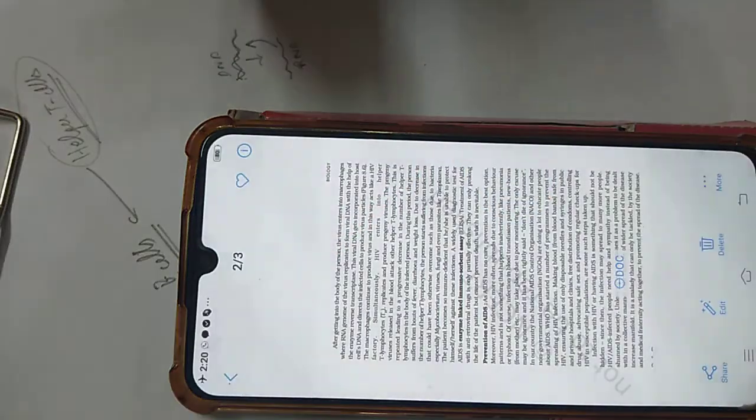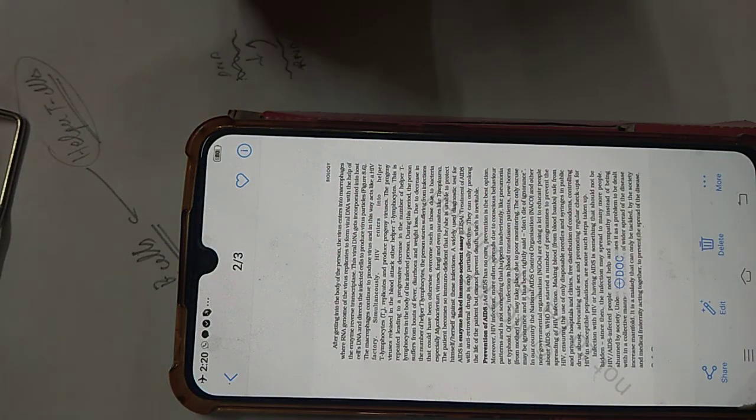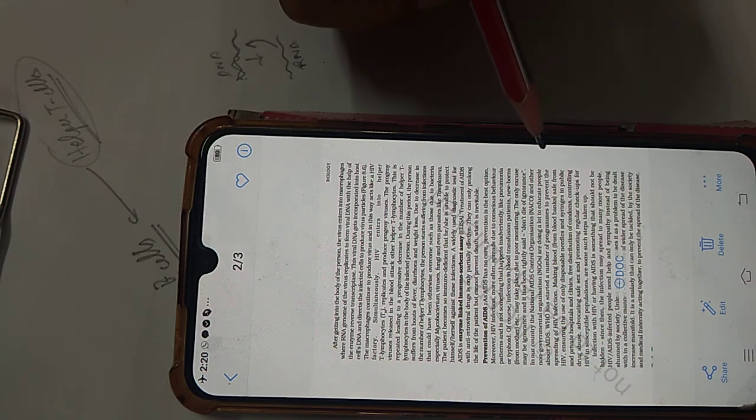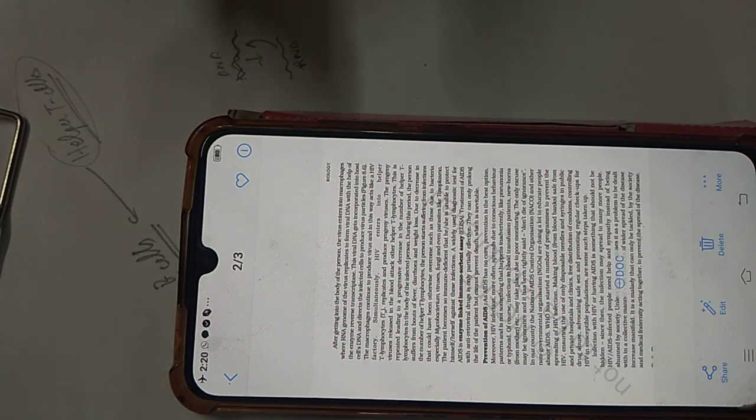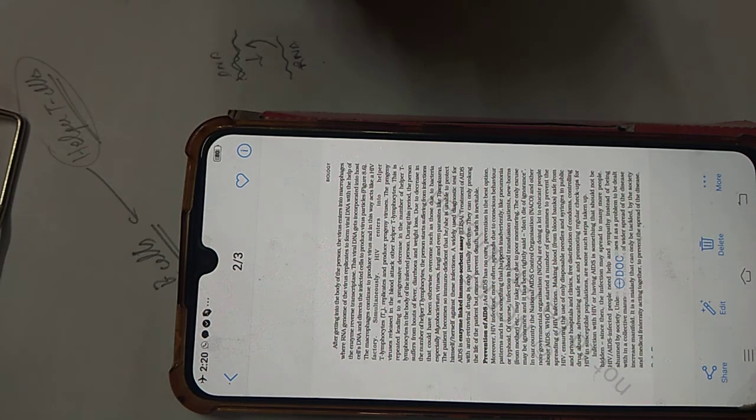There should not be drug abuse. Sharing of needles should not be there. People should be educated. December 1 has been dedicated as World AIDS Day, and there is an agency called NACO, the National AIDS Control Organization, which looks after all this, creating awareness among the masses. So these are the different ways by which we can prevent HIV/AIDS.